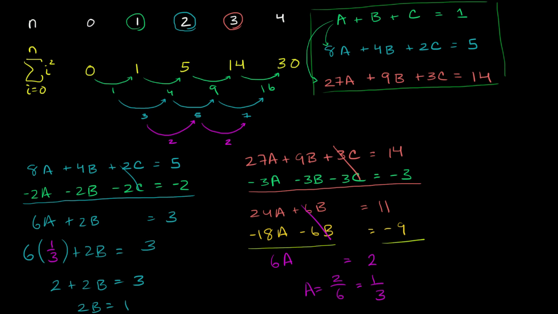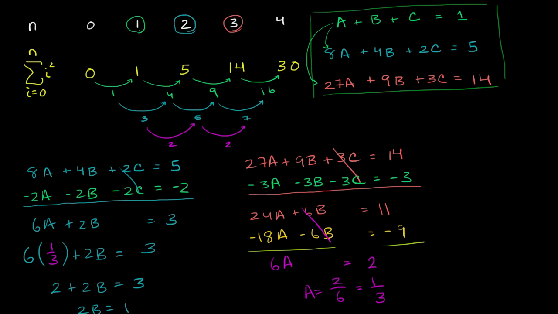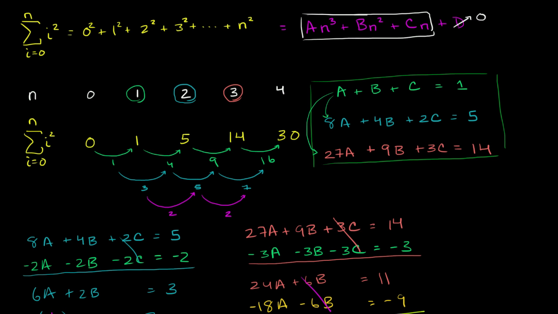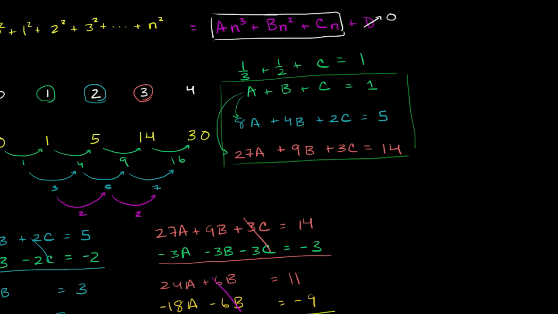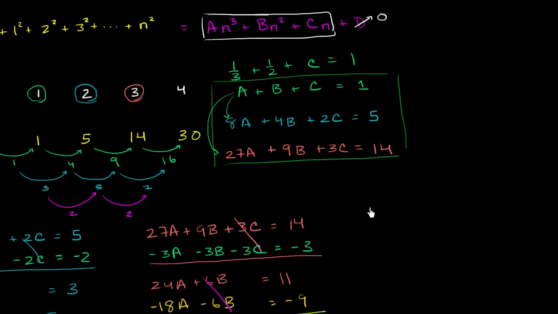Now we just have to solve for C. So we can go back to this original equation right over here. So we have 1/3 plus 1/2 plus C is equal to 1. Let me do that over here so I have some space. So I have 1/3 plus 1/2 plus C is equal to 1. Now let me find a common denominator.